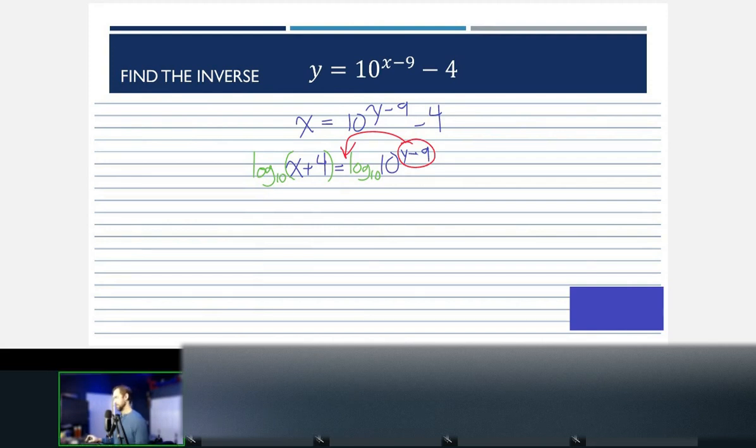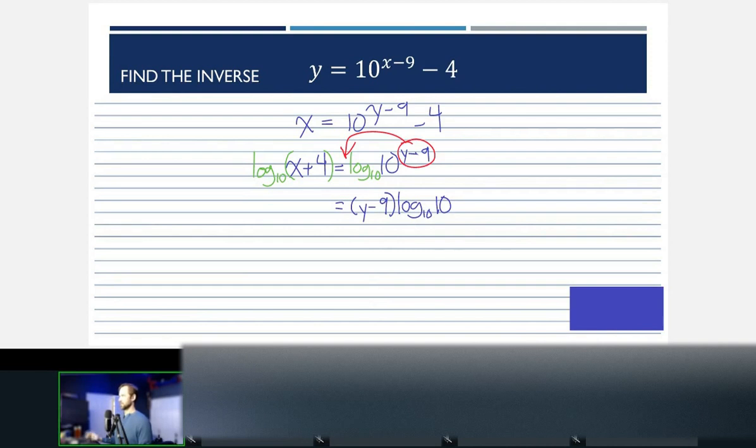But it basically has the same meaning if you were to just cancel log base 10 of 10 and then the y minus 9 carries down. It'd be the same thing, right? So y minus 9 times log base 10 of 10.